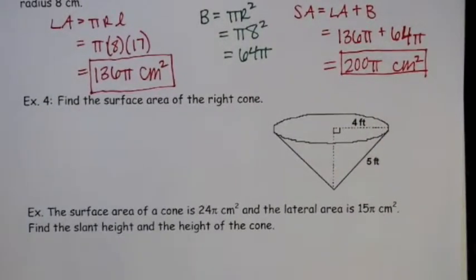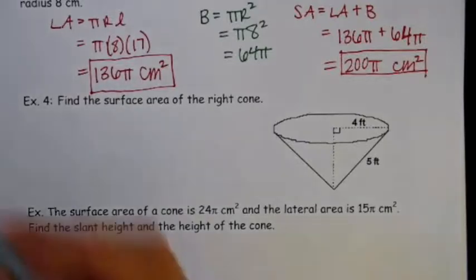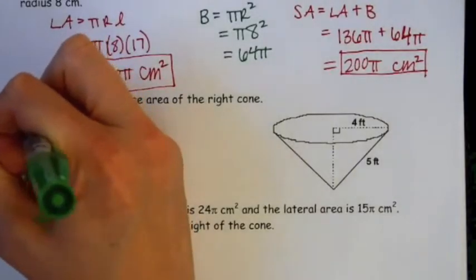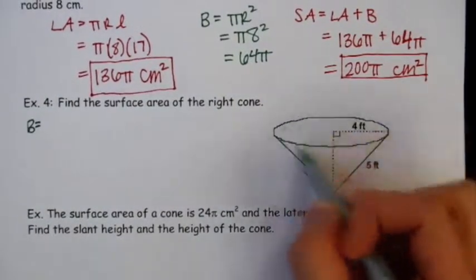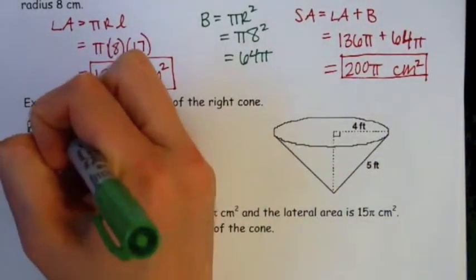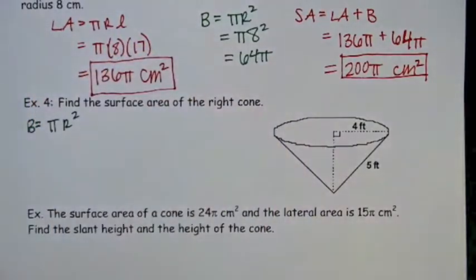All right. Again, I need to find the surface area of the right cone. To find the surface area, I need to find the lateral area and the area of the base. So first, we're going to find the area of the base. Well, my base is still just a circle, so it's going to be pi times my radius squared.